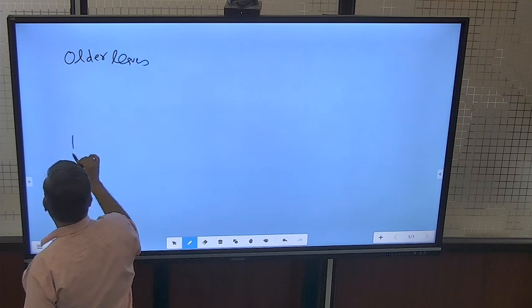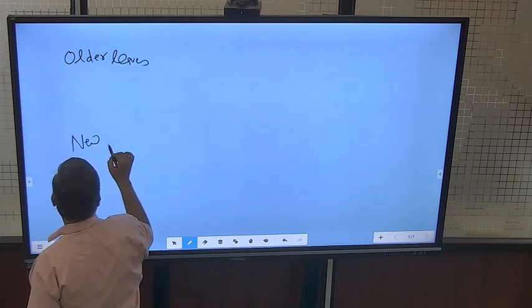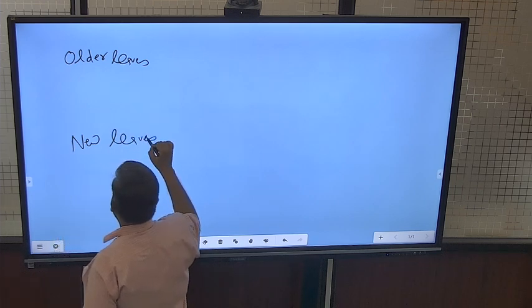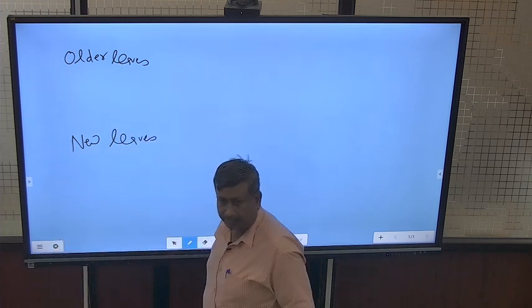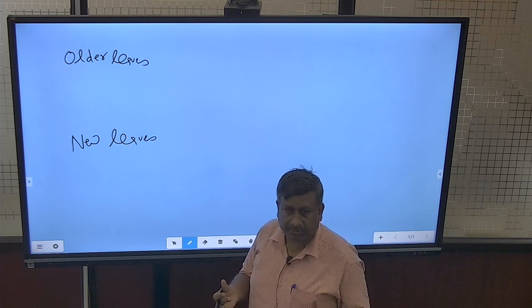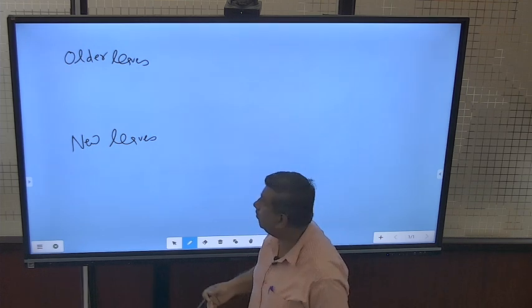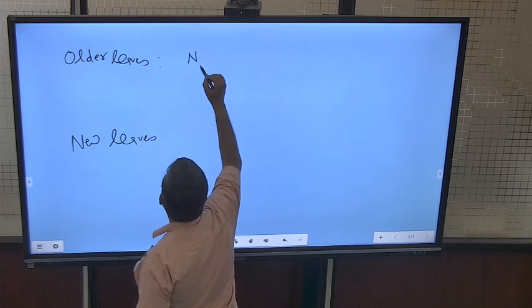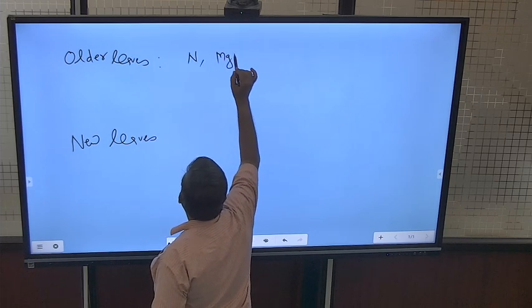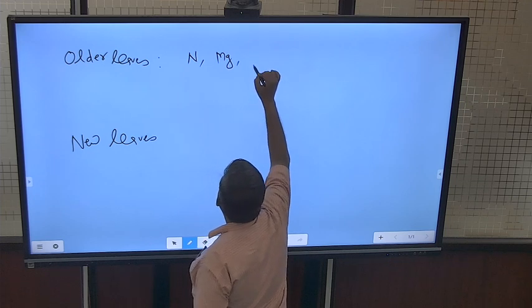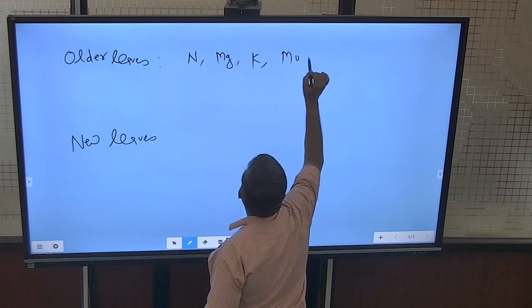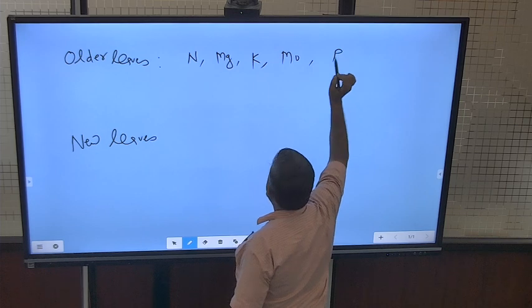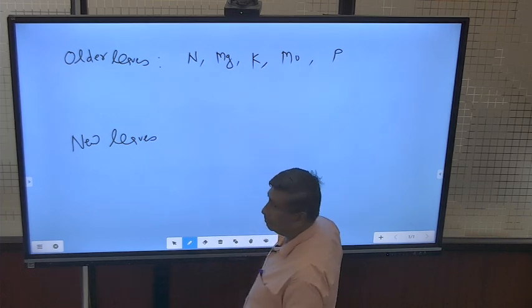So we can divide into two parts. First observe the plant, whether deficiency symptoms are on the upper part or lower part. If on older parts, then the deficiency may be due to nitrogen, magnesium, maybe potassium, maybe molybdenum, and maybe phosphorus.